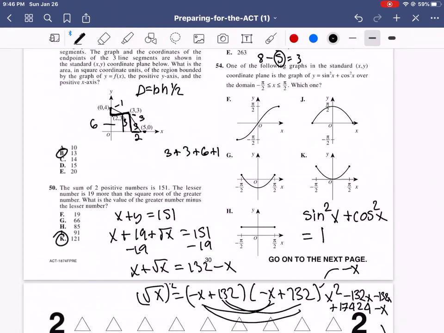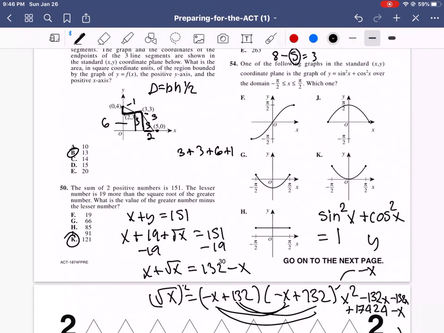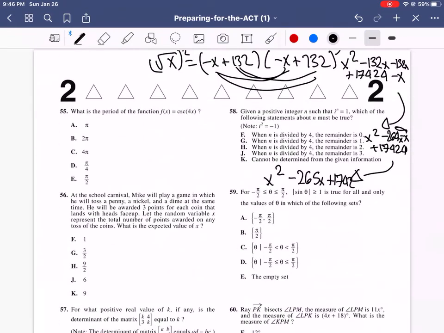So if that equals 1, y equals 1. I've got this. It's the only thing that matches with the domain of negative pi over 2 and pi over 2. It's h. I think you have to know your trigonometric theorems. No, is it? I don't know what it's called.